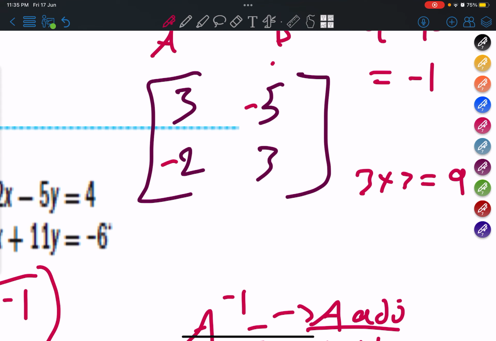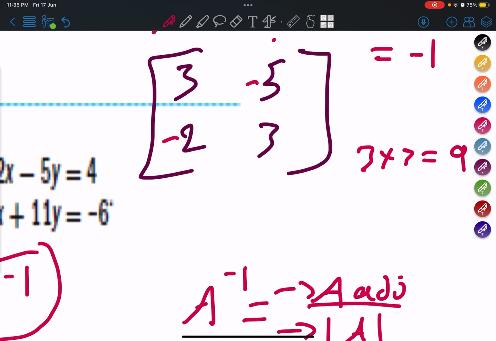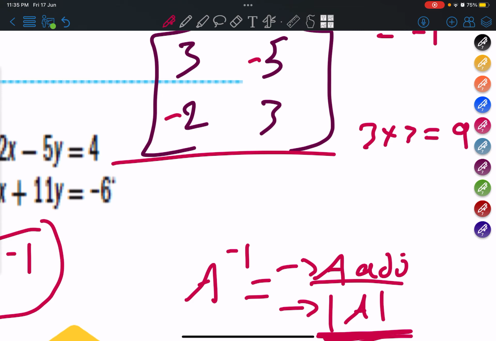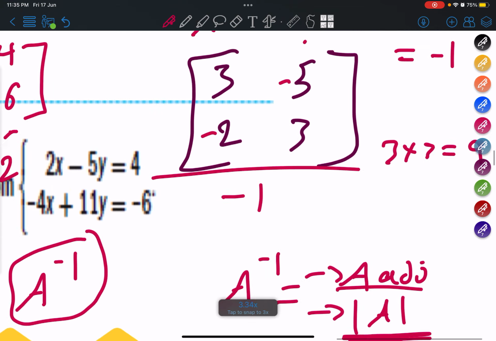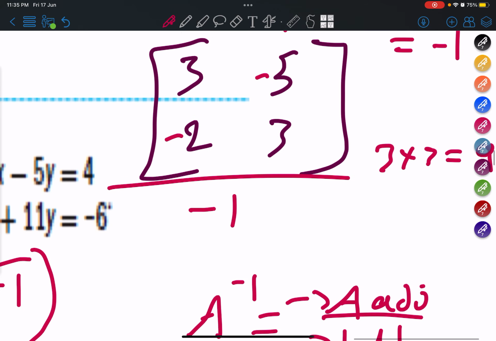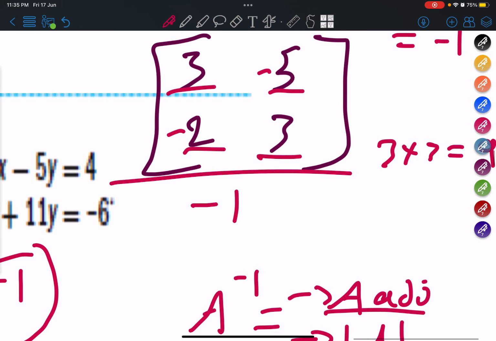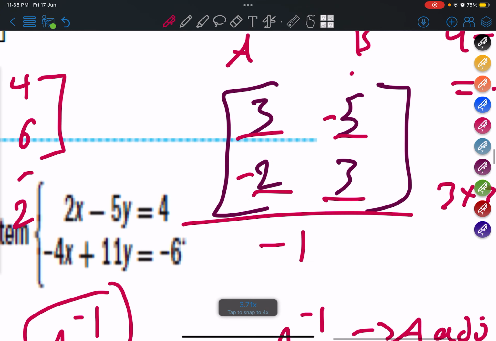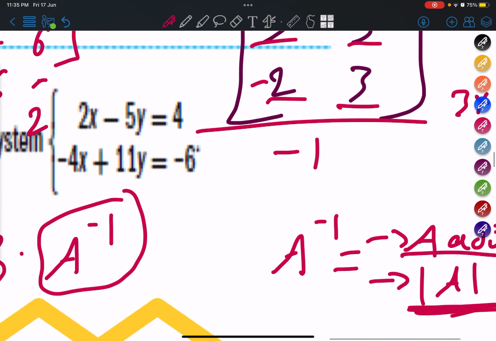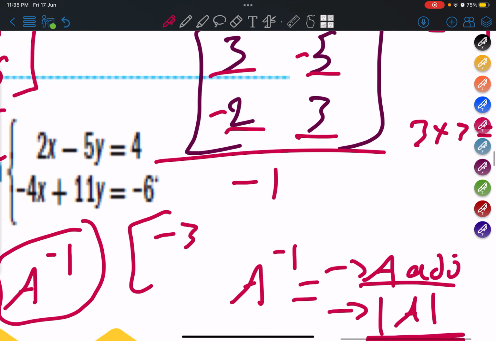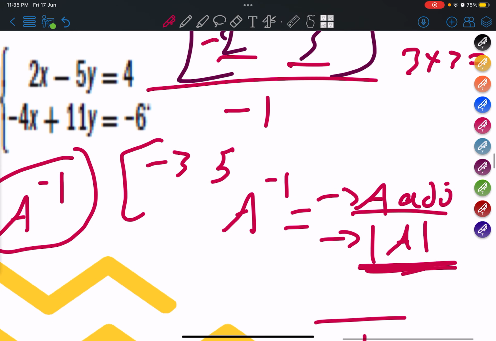So this is our new matrix, and we can divide it by A determinant, which was negative 1. So now we can just divide each element by negative 1, and it will be the same matrix but with opposite signs. So it will become negative 3, then 5, 2, and negative 3 again. Okay, now we got A inverse.